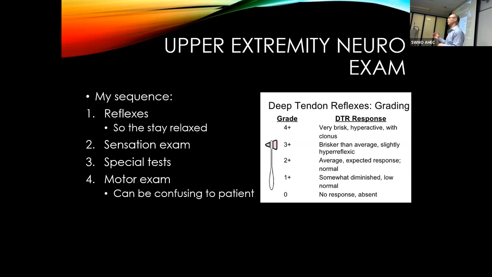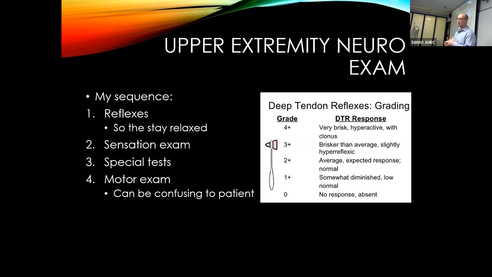The order in which I do my neurologic exam is very, very important to me because it makes it flow a lot easier. My sequence is do the reflexes first, and I can do all 3 reflexes with the patient's arm draped over my arm. Makes it very comfortable. And if you do the muscle testing first, then they get really confused. Do I pull? Do I push? Do I relax? What do I do?